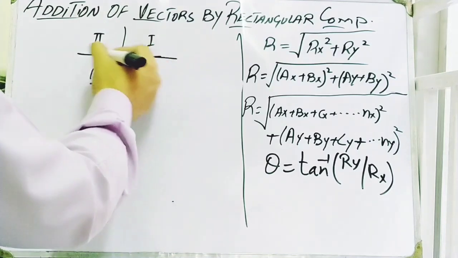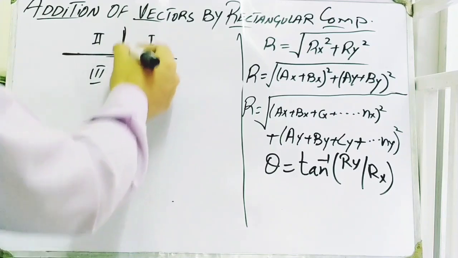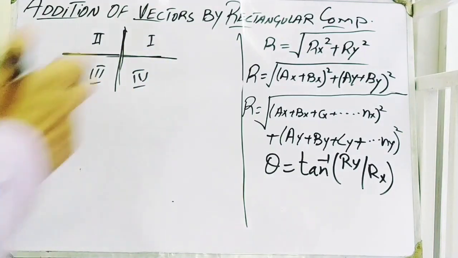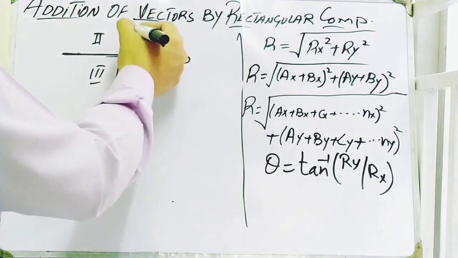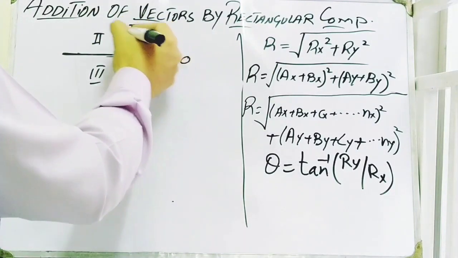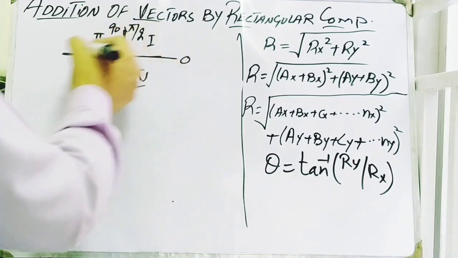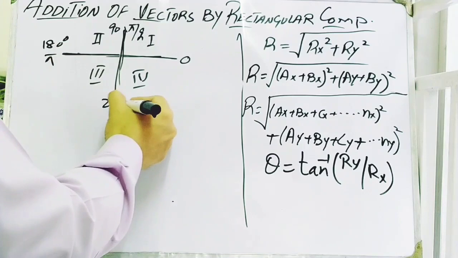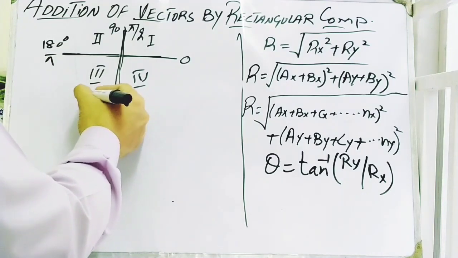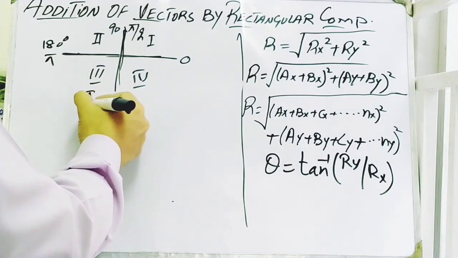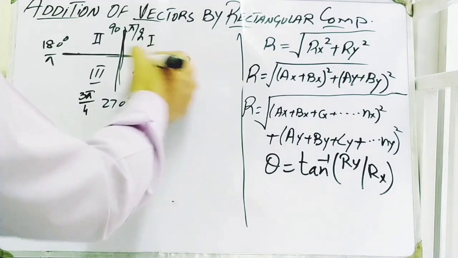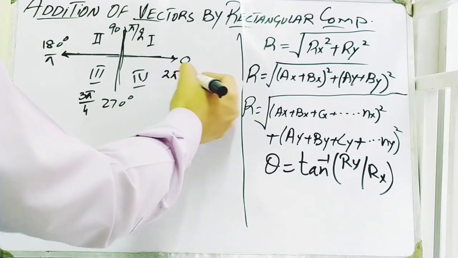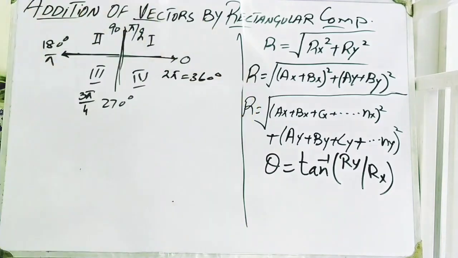These quadrants can also represent the position of angle. At this point angle will be 0, at this point angle will be pi by 2 or 90, at this point angle will be 180 or pi, at this 270 or 3 pi by 2, and at this point the angle will be 2 pi or 360 degrees.